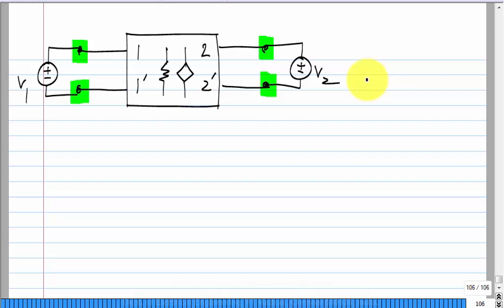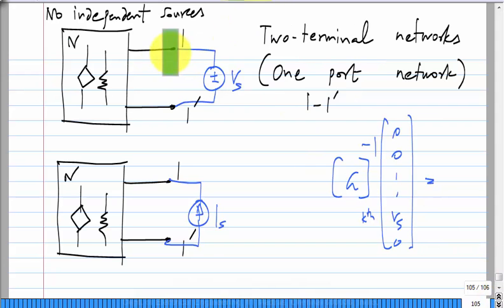Again, it's a linear network with 2 sources, so everything will be a linear combination of V1 and V2. Now, when we had a 1-port network with no independent sources inside, and we had to characterize its behavior at the terminals 1 1 prime, how would we do it? What is the equivalent circuit?